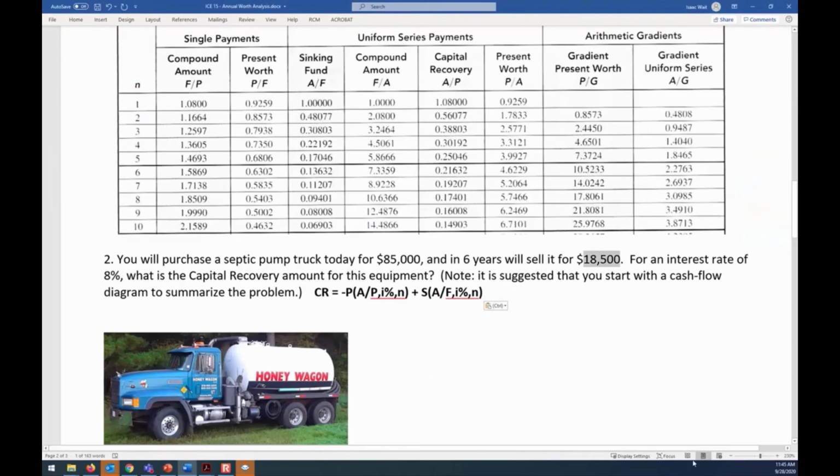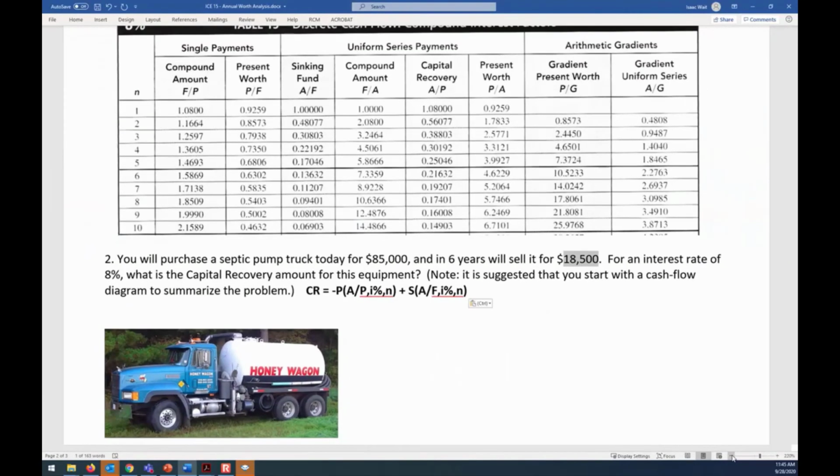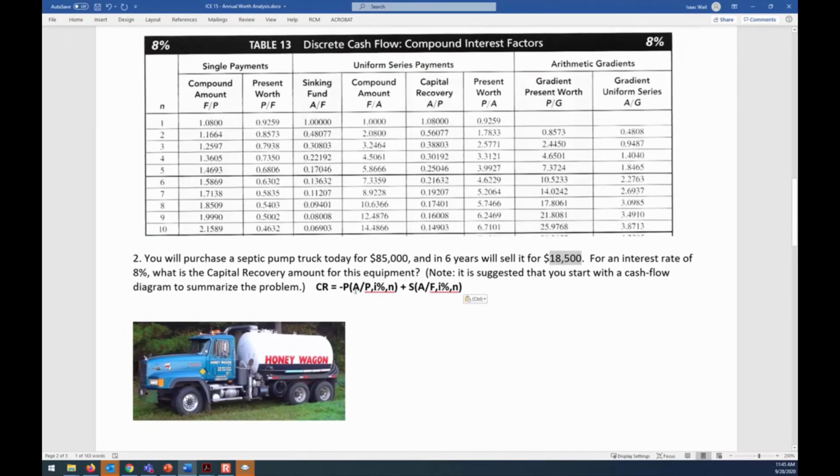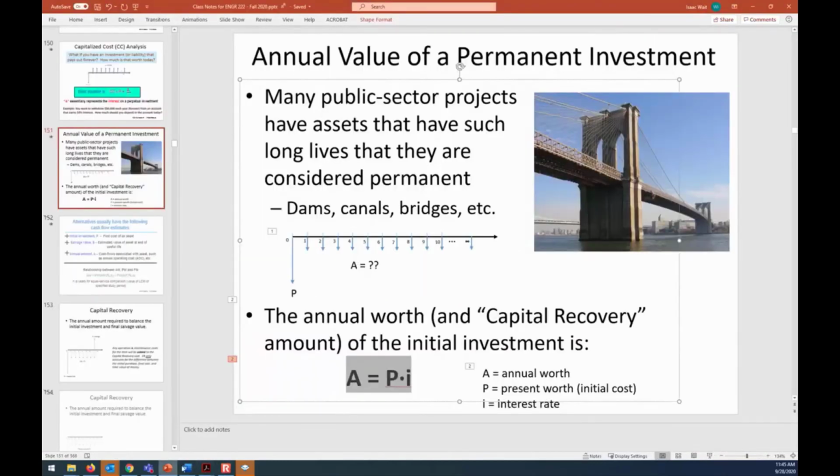In this example, it wasn't perpetual. So the capital recovery for an investment that someday is going to wear out or be sold, you would consider that single amount out in the future. But for an item that lasts forever, it's a little bit simpler. We don't have to account for a salvage value. We just say it's the present cost multiplied by the applicable interest rate.